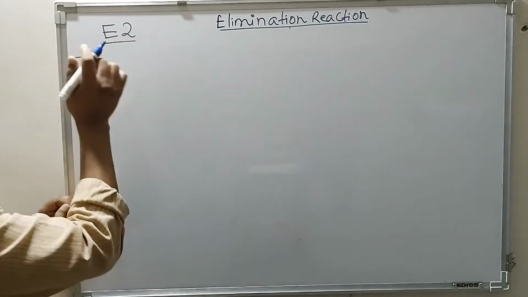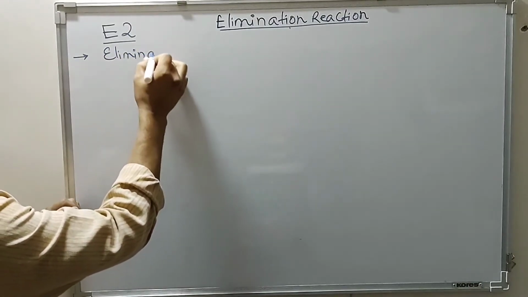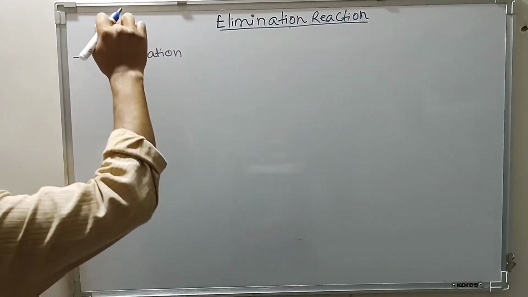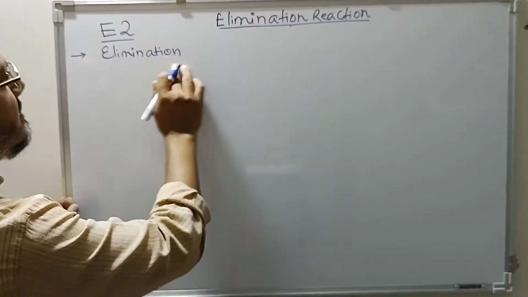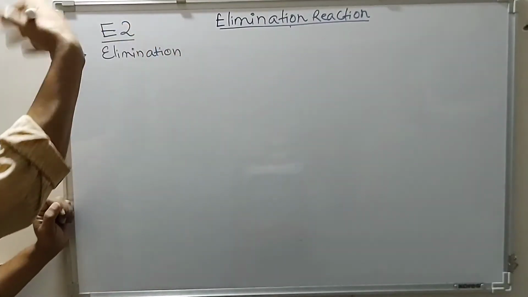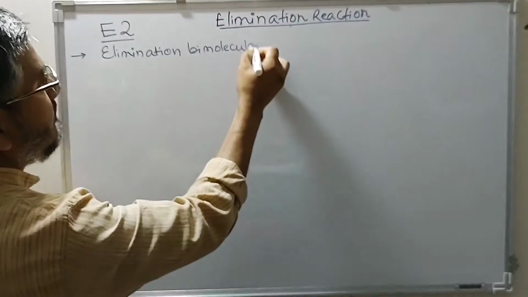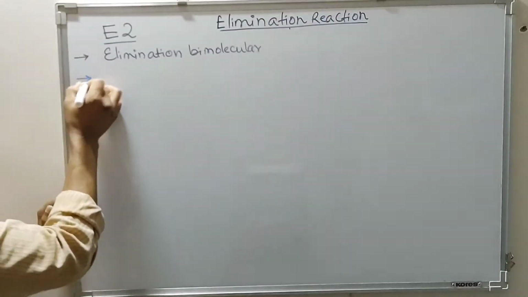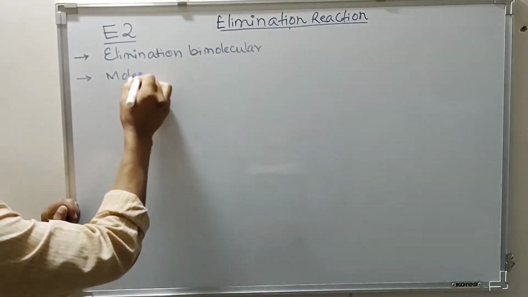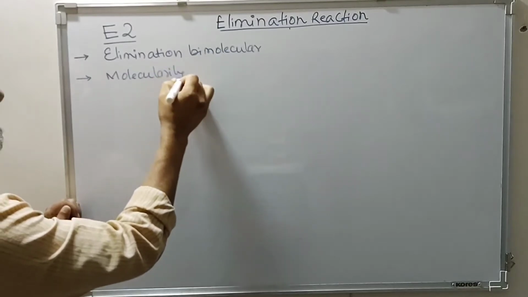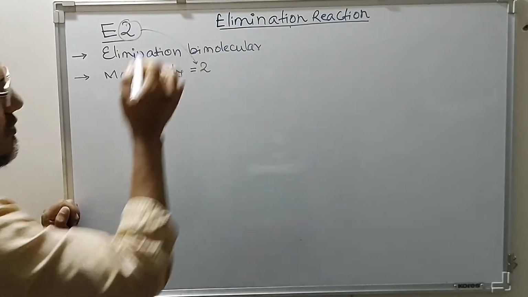The capital E represents elimination. Bimolecular: the molecularity of the reaction is two. So if you look at this, the 2 in the pathway represents the molecularity. So the molecularity of the reaction is 2.